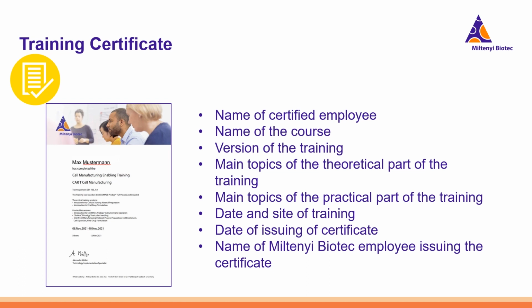And this is also very important for later steps because most authorities require proof of proper training of the staff. So these certificates can be used to verify when talking to the local authorities that the staff have been properly trained.